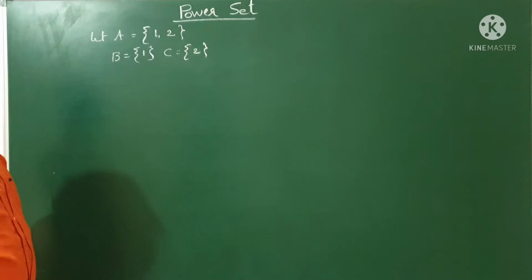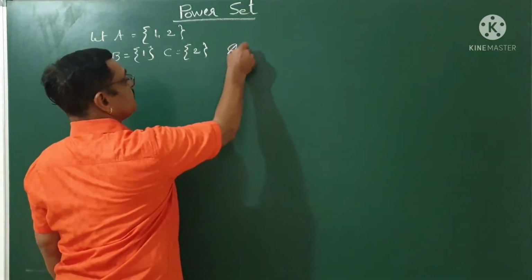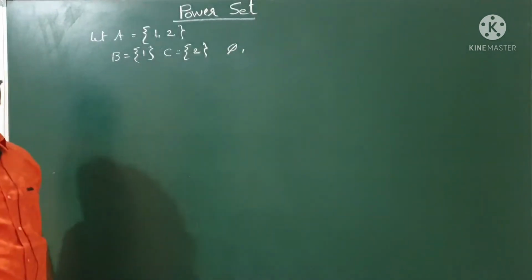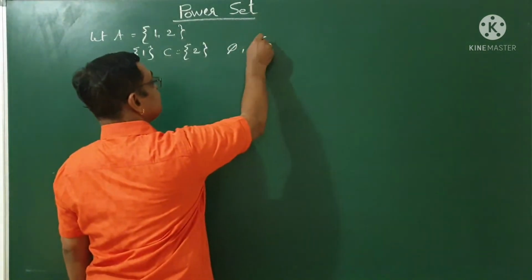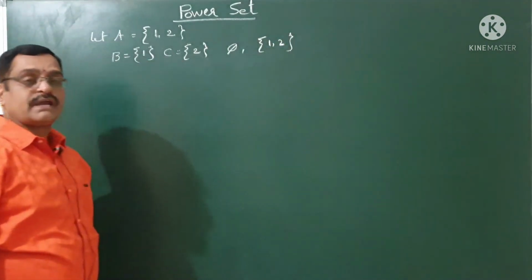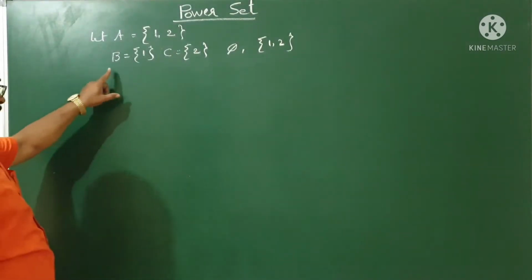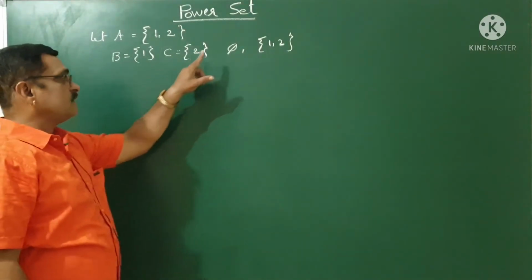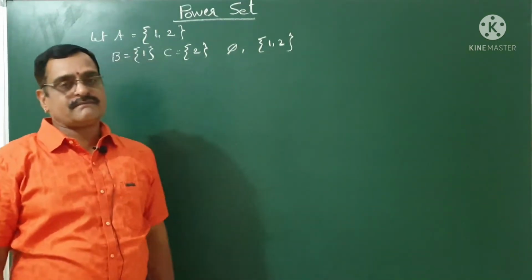And we know very well, the empty set is a subset of every set. And finally, the set itself is a subset of A. Therefore, here I have 1, 2, 3, 4 subsets for A.